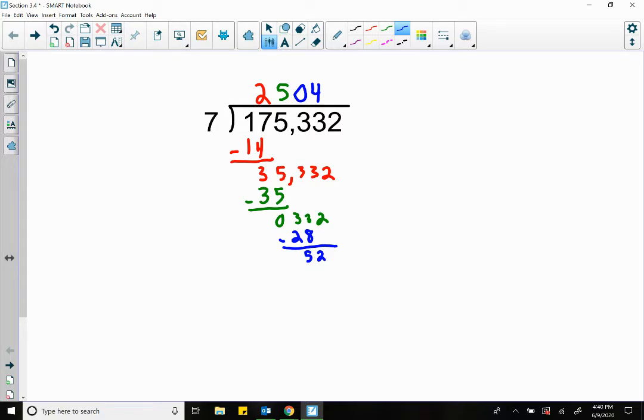And then you repeat the process one more time. 7 can't go into 5, but it can go into 52 because we brought that 2 on down, like Tetris. So how many times does 7 go into 52? It goes in 7 times. 7 times 7 is 49.